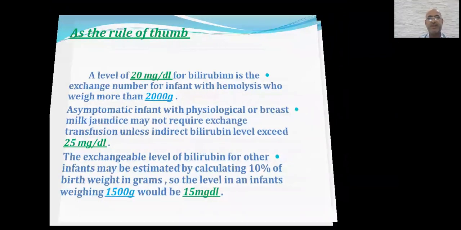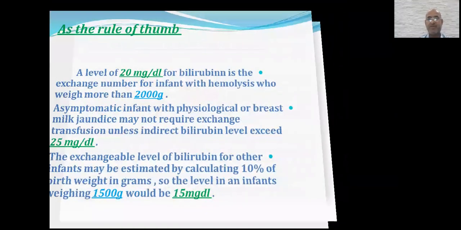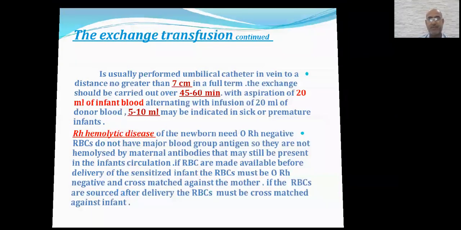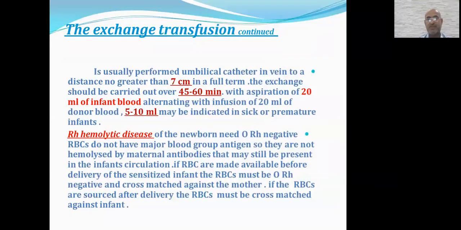Here we can explain certain facts about the procedure of exchange transfusion. It is usually performed through the umbilical catheter in the vein, to a distance of about 7 cm in a full term. Keep in mind, the umbilical catheter should be inserted in the vein, not in the arteries.